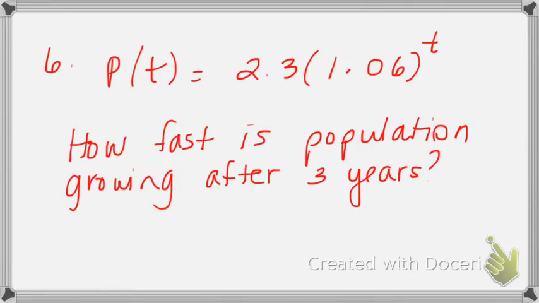All right, another question that it might ask you, how fast is the population growing after 3 years? Like if this represented population and t would represent years or number of time, something like that.